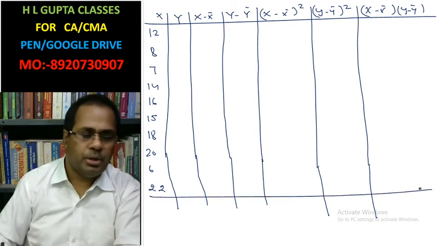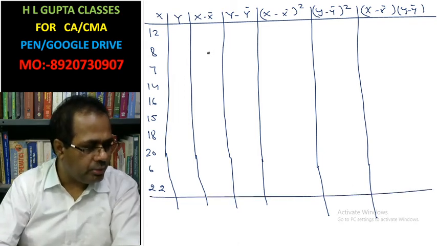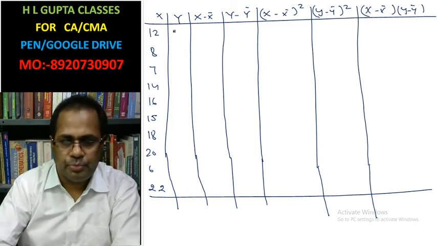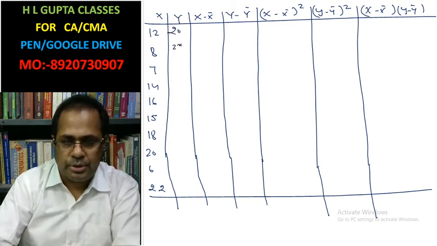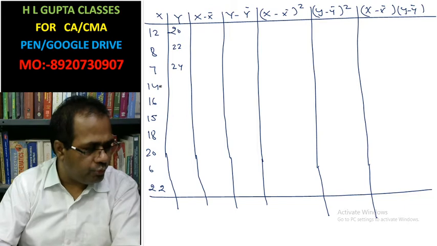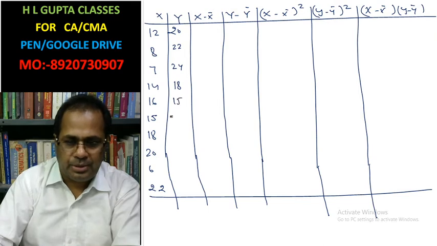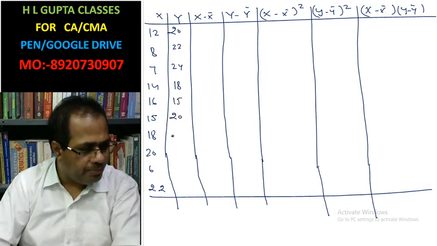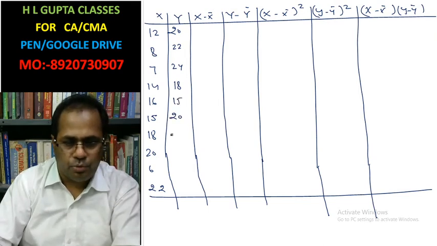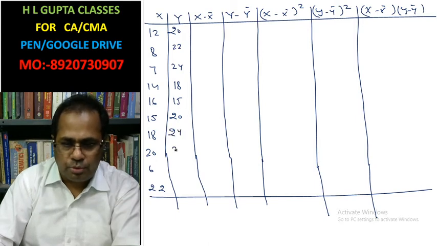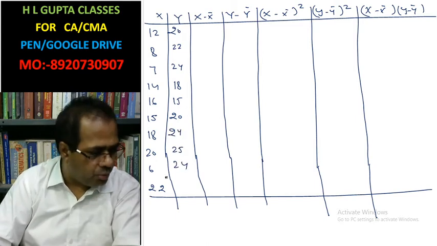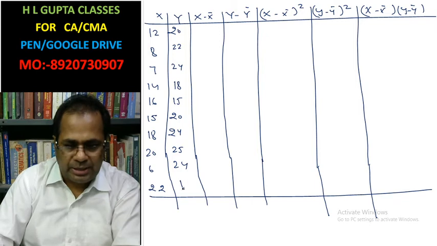Now y is 20, 22, 24, 18, 15, 20, 24, 25, 24, 18.